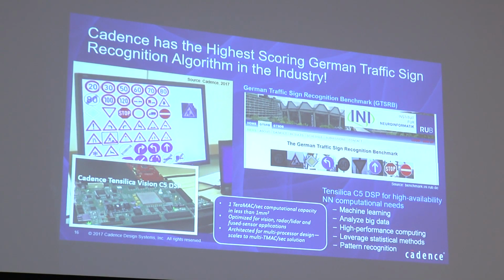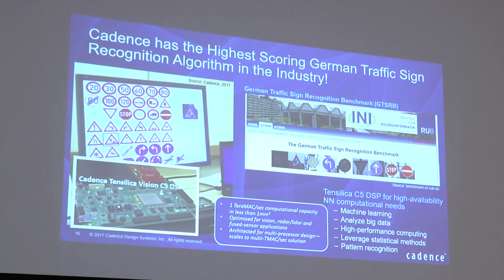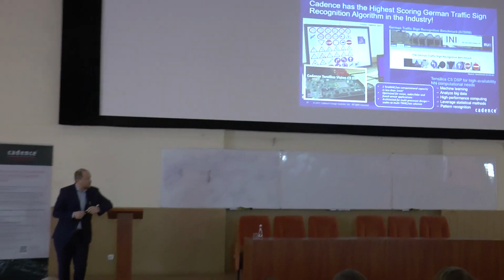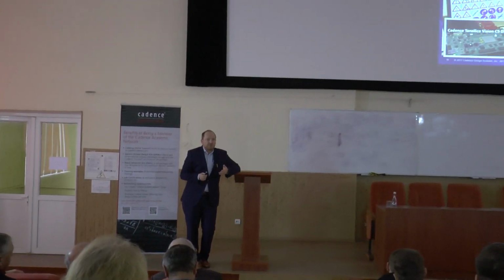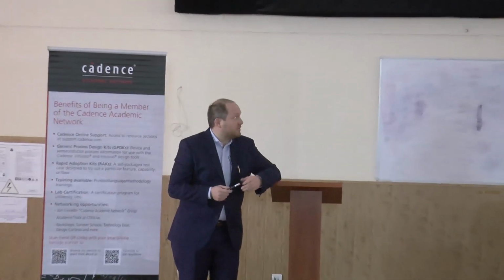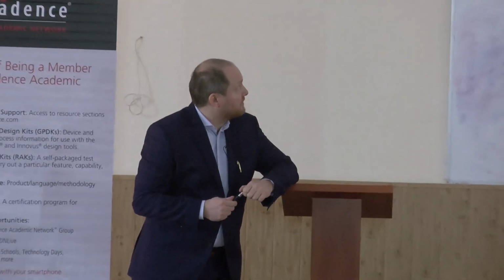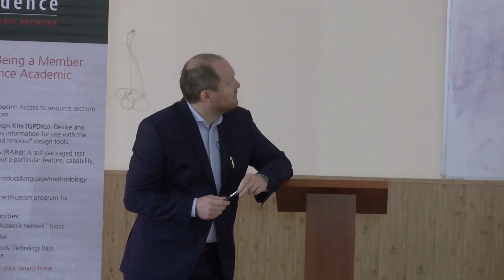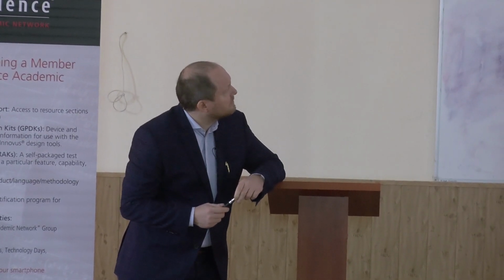And then neural network producers are using this benchmark to test how well their neural network system works. And here we also used our Tensilica processor for recognition of the traffic signs, and we have achieved a very high score. It's more than 99%.